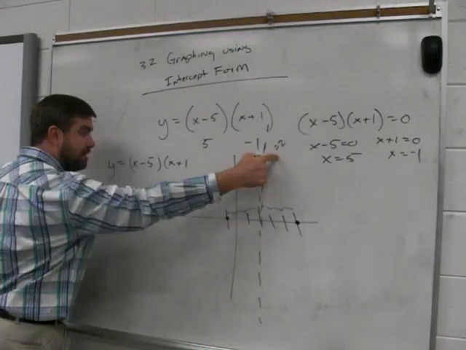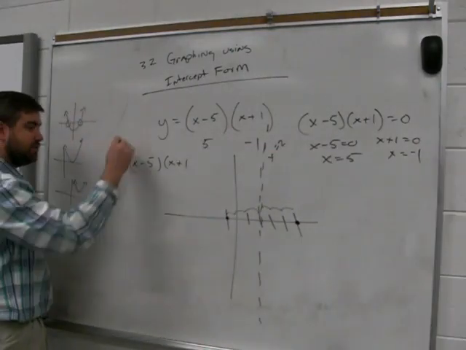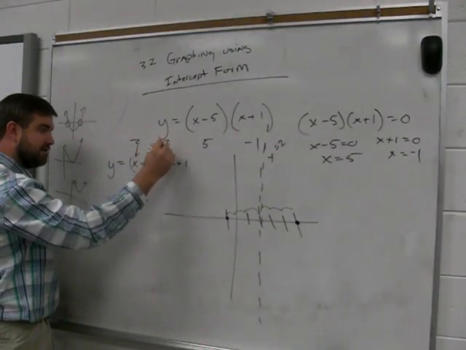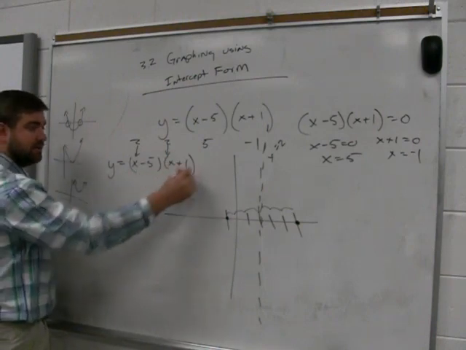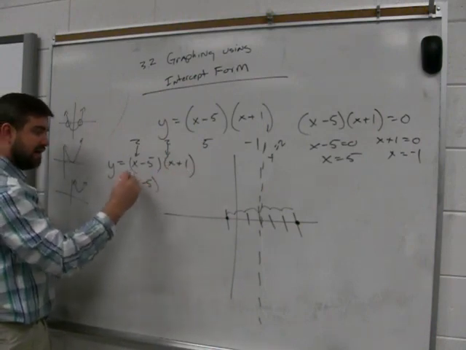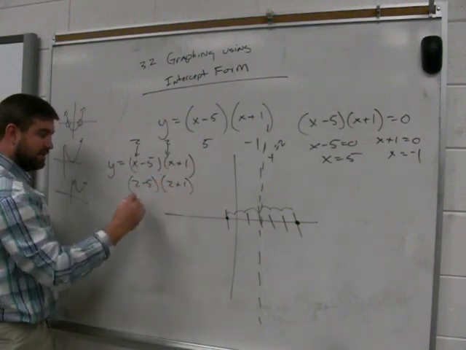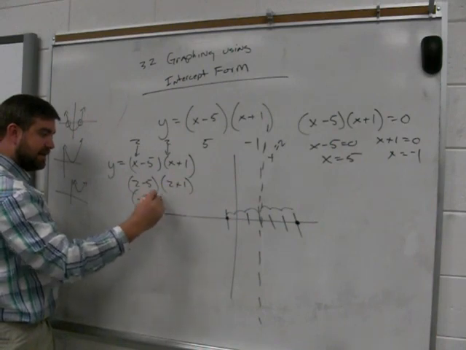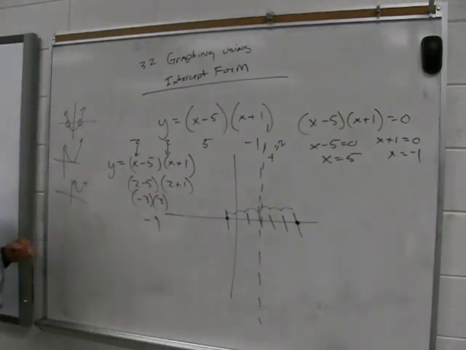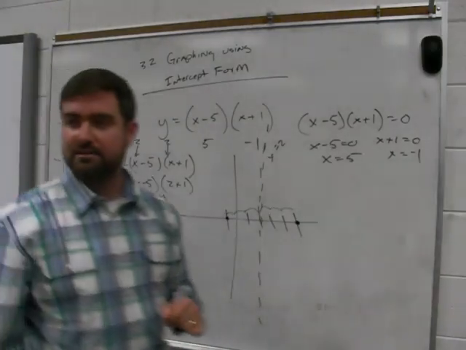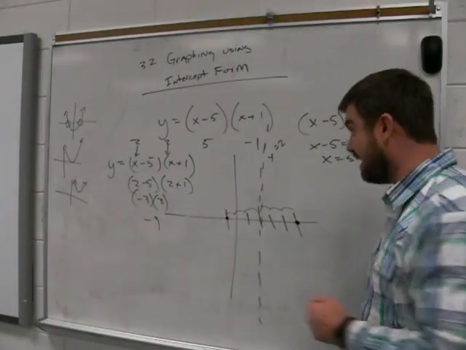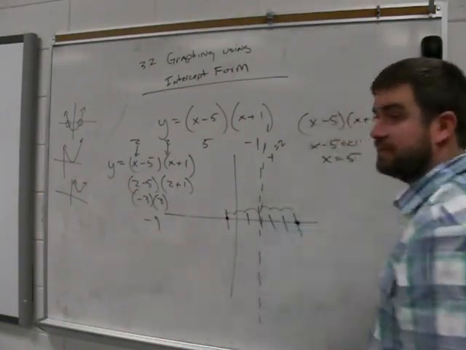If I figured out that my vertex is at positive 2, I can take 2 and stick it right there, and I can take 2 and stick it right there. So I get 2 minus 5 and 2 plus 1. That's negative 3 times positive 3, or negative 9. So where's my vertex? Now that I figured out this, where's my vertex?